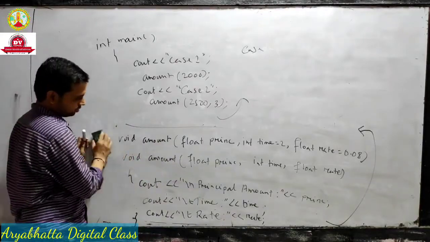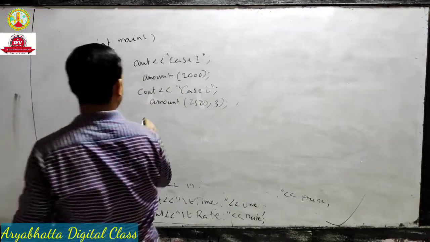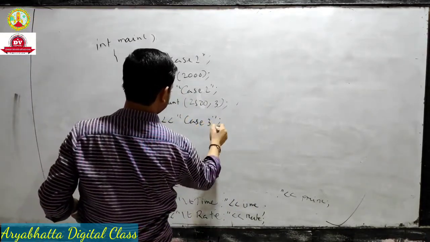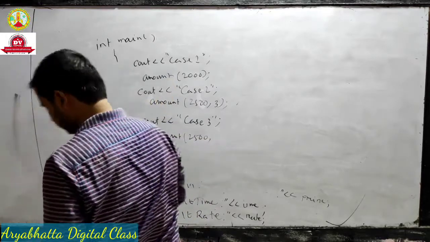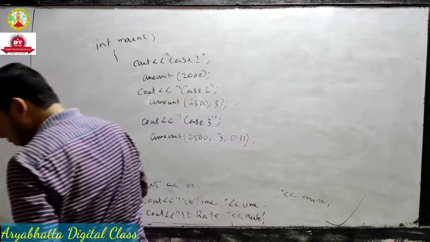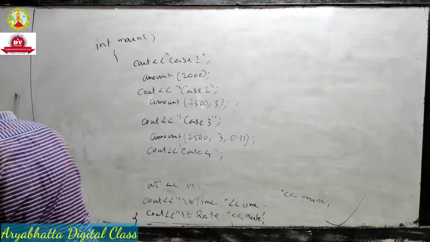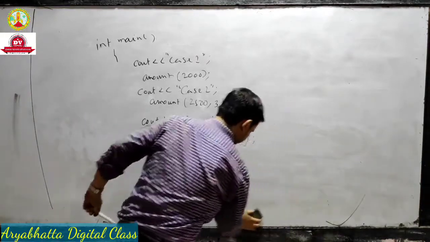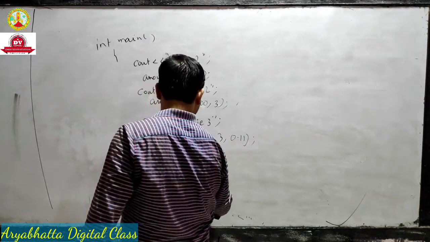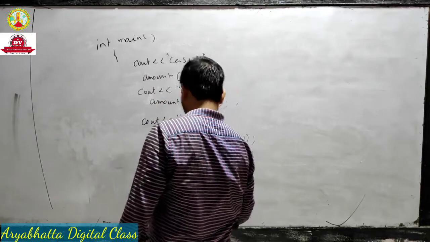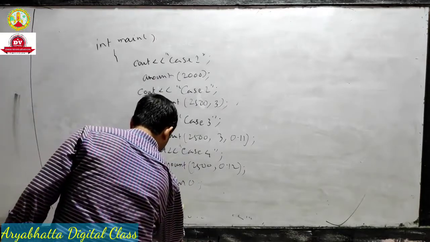I hope you will write it down and you understood. There is not enough space here. Case 4, amount, return 0, getch. Okay.